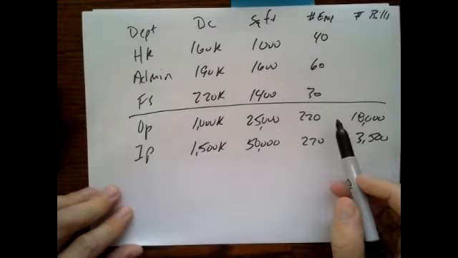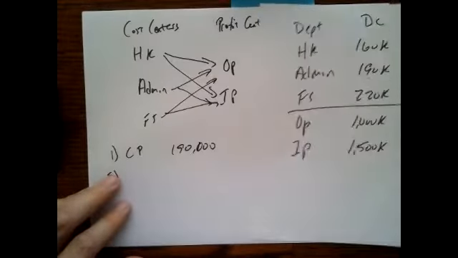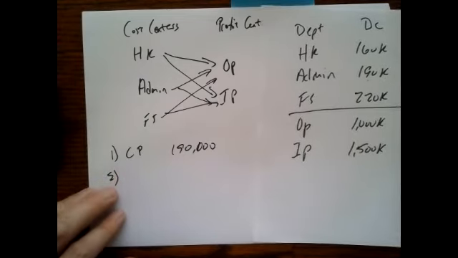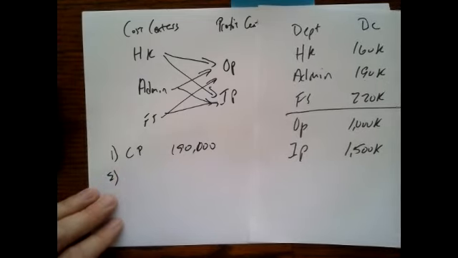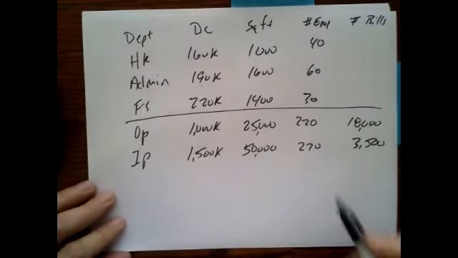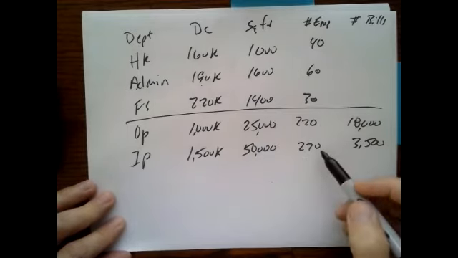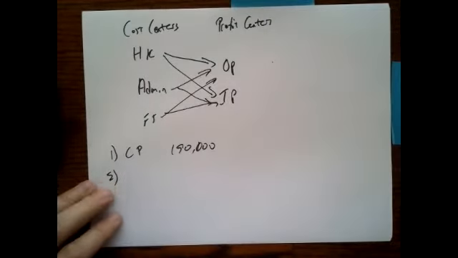Under the direct method, we're only paying attention to the profit centers. But remember, we don't want just inpatient. We first want to find out how admin is being allocated across the whole organization. So we need the number of employees for the whole organization. That's 220 plus 270, that's 490.